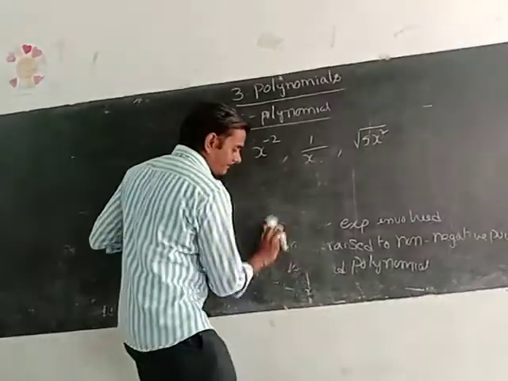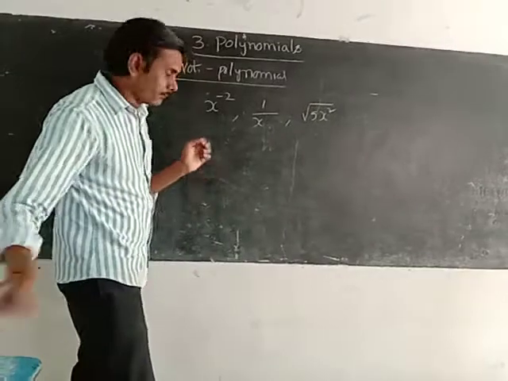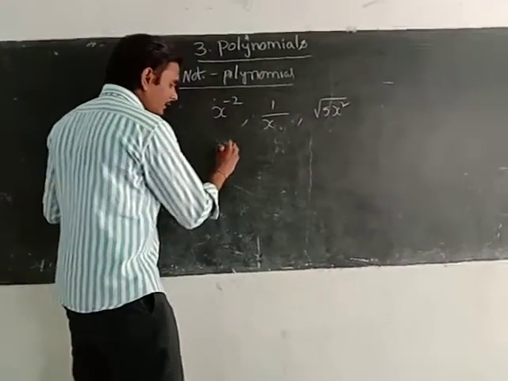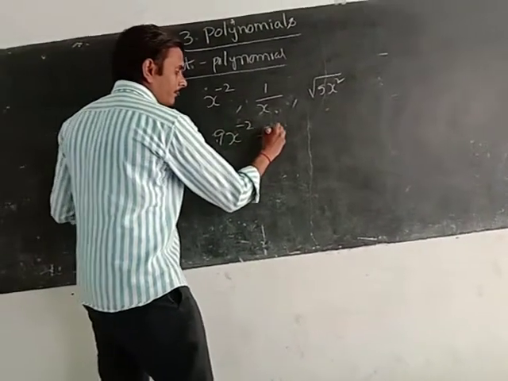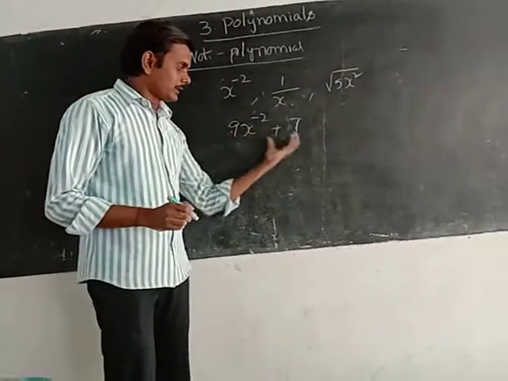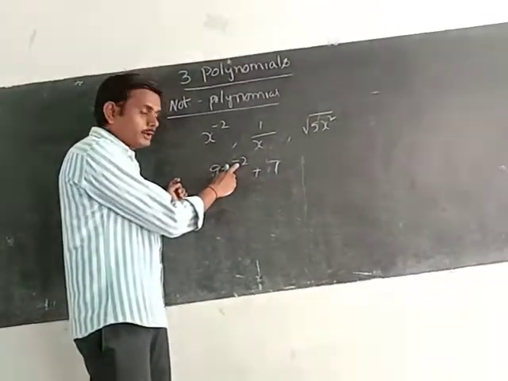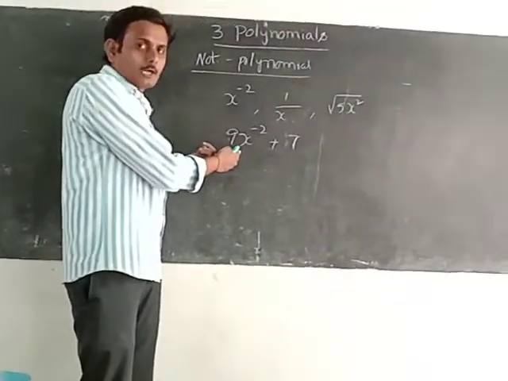Let's see examples now. For example, you see here 9x power minus 2 plus 7. There are two terms here, and in these two terms one variable is involved, raised to a negative power. So this is not a polynomial.